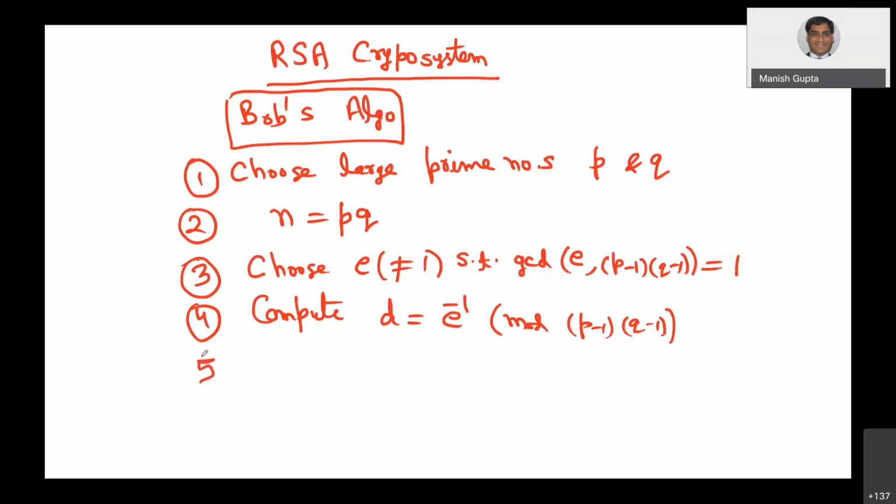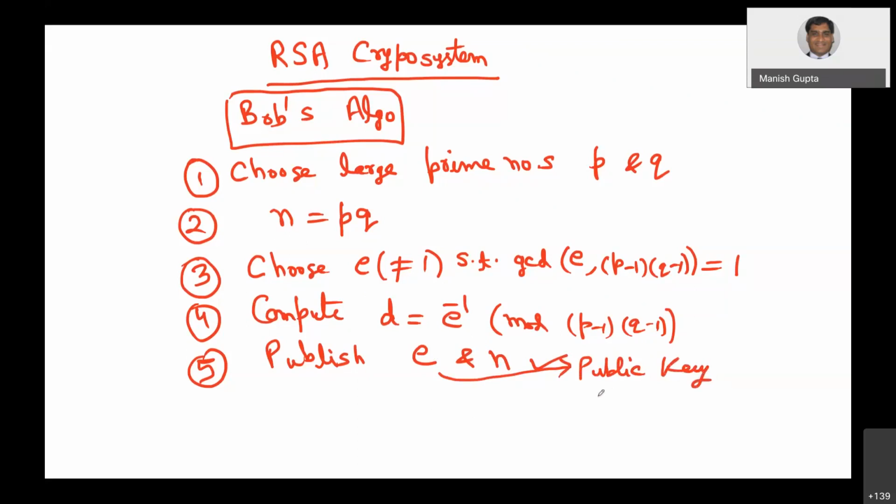Now Bob is ready and he publishes two keys: publish E and N. Maybe on your website or wherever, this is publicly known to everyone. E is the exponent and N is the product of these two prime numbers. Okay, this is published. This is known as the public key, sort of a public lock.